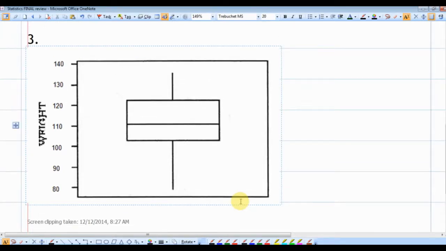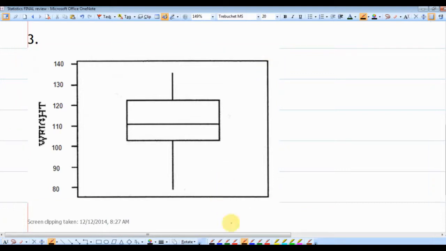Okay, so if we're looking at this and we want to decipher it, remember that this is the minimum. This is the Q1. This is the median. This is the maximum. And of course, if you have anything out here, that would be an outlier.